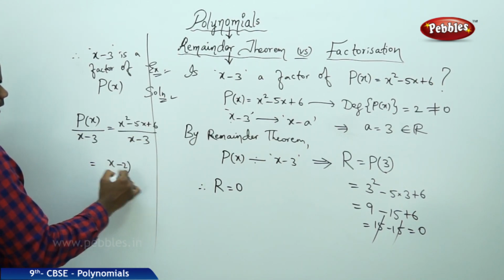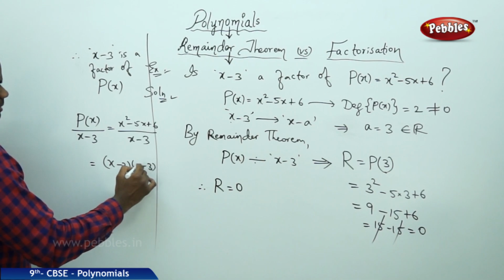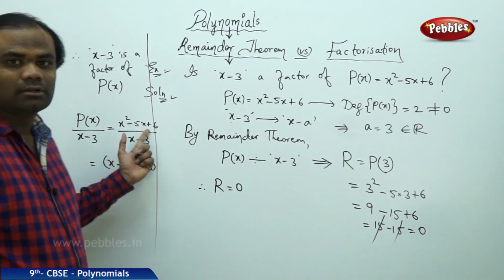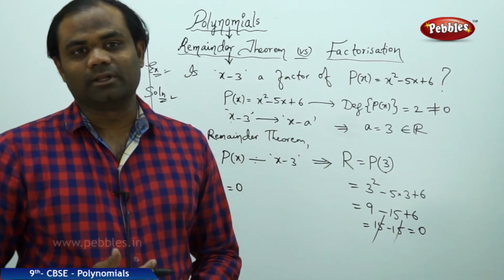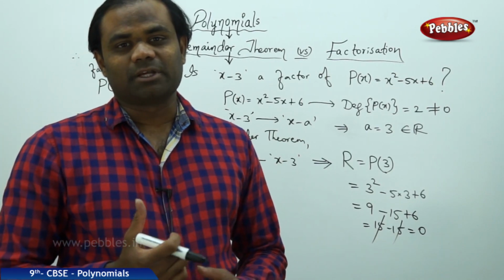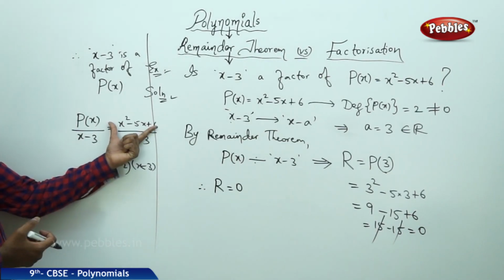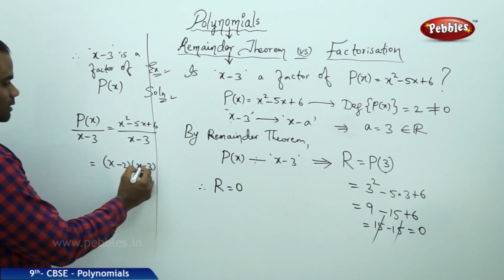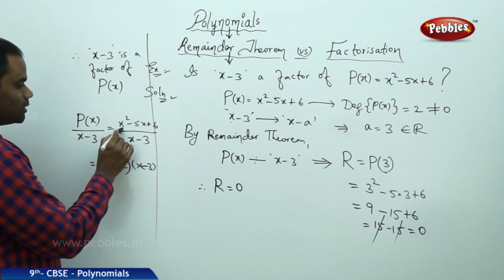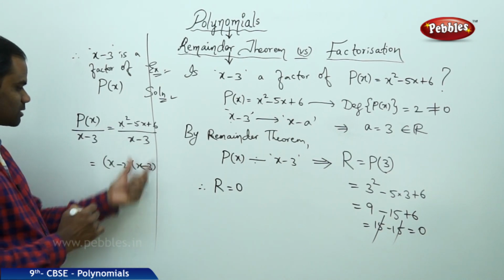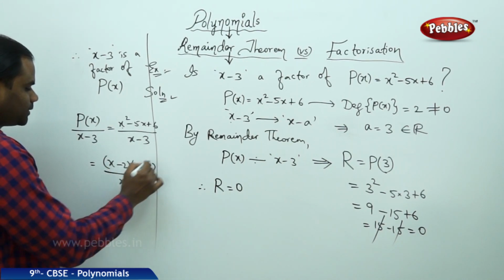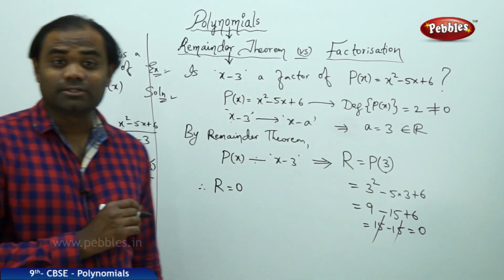This quadratic polynomial can be expressed as factors by using factorization. When I factorize the quadratic function, I get the factors as x minus 2 times x minus 3, and therefore this can be written as x minus 2 times x minus 3 by x minus 3. It gets cancelled because it's a factor.